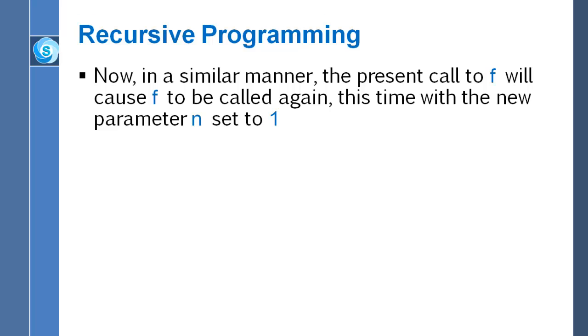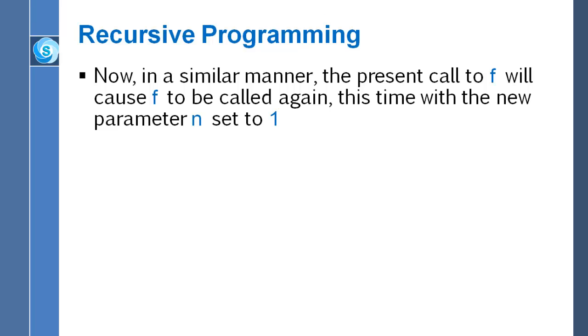All right. In a similar manner, that recursive call to f is going to wind up making another recursive call to f. And this third call to f will have its own parameter named n.